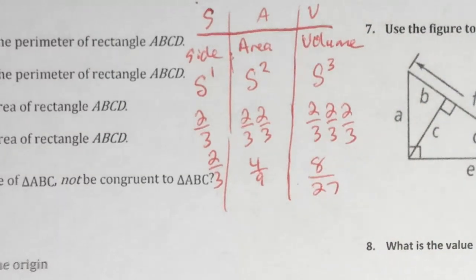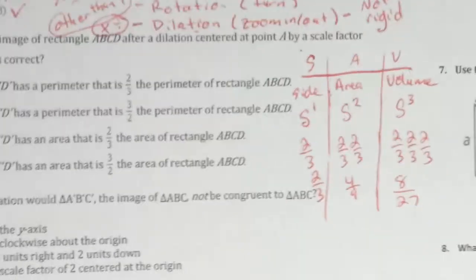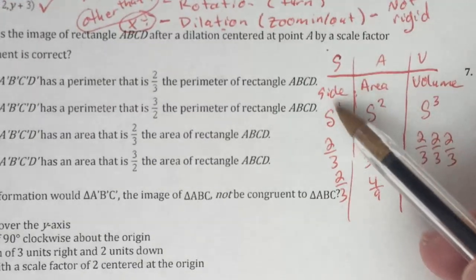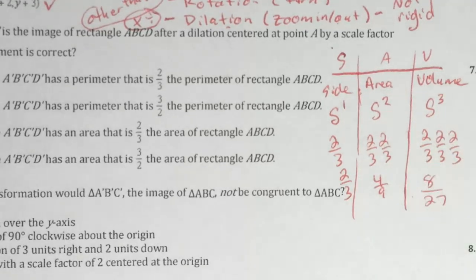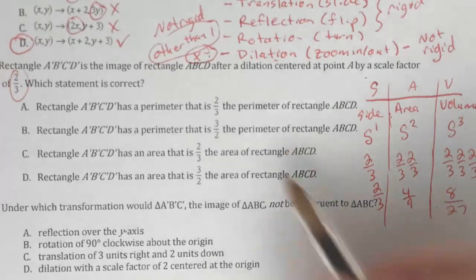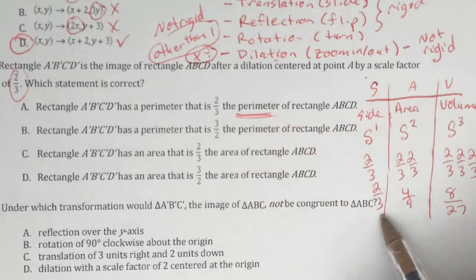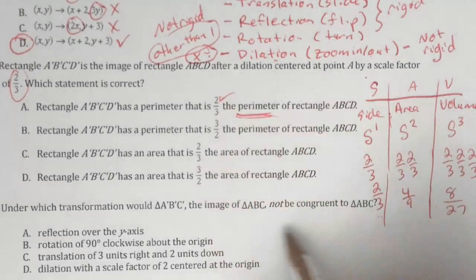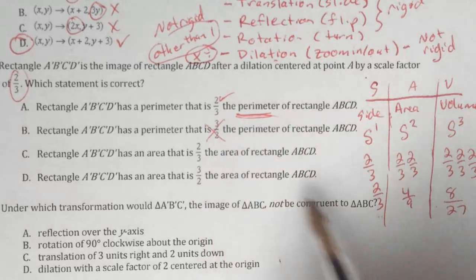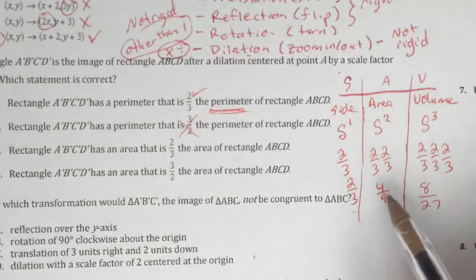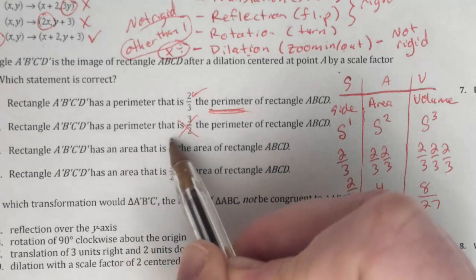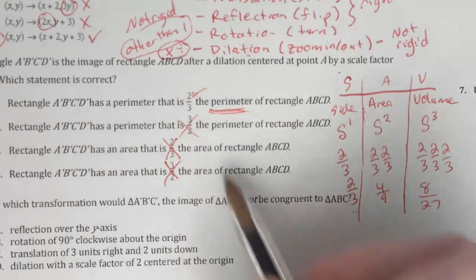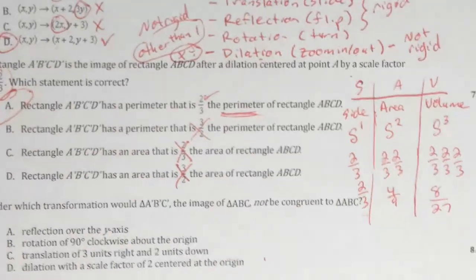So side, or even perimeter, because that counts for perimeter as well, is one dimension, so perimeter would be 2 over 3. That checks out. Not this one. Now, area would be 4 over 9. So that's not right, and that's not right. The only one that worked was A.